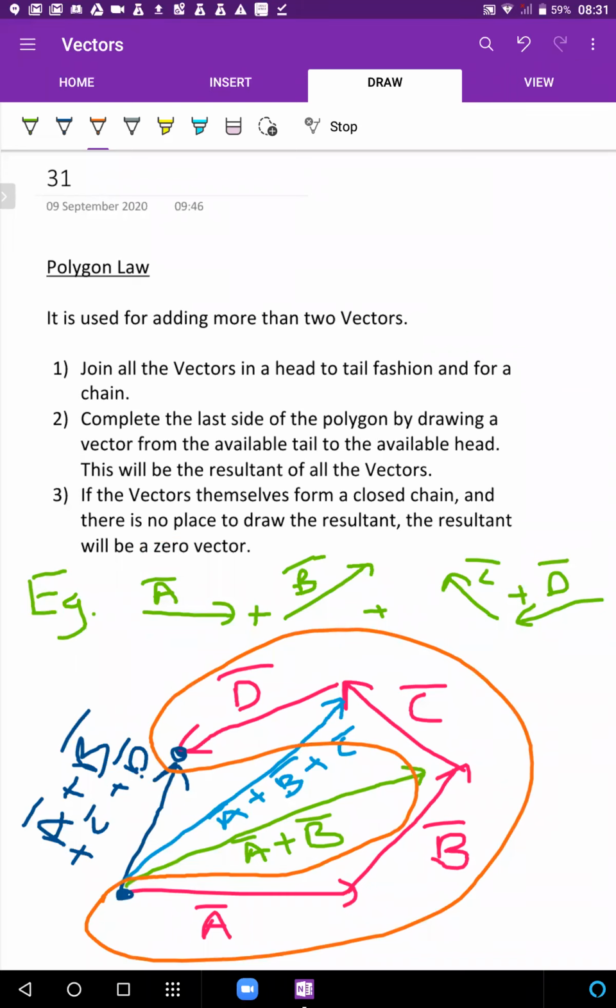If you see, D's tail is gone, C's tail is gone, B's tail is gone, only A's tail is available.